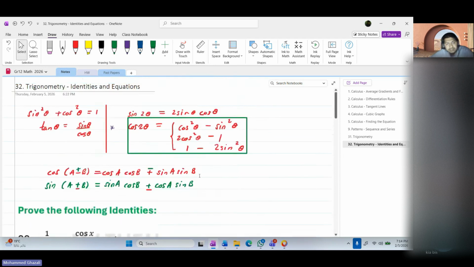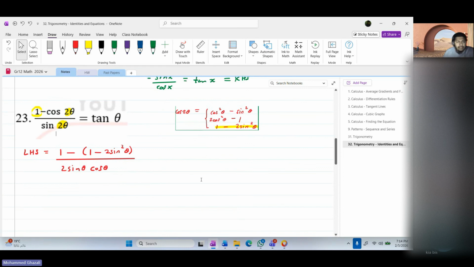Now you can clearly see 1 minus 1 cancels out, and then minus times minus is positive: 2 sine squared theta divided by 2 sine theta cos theta.